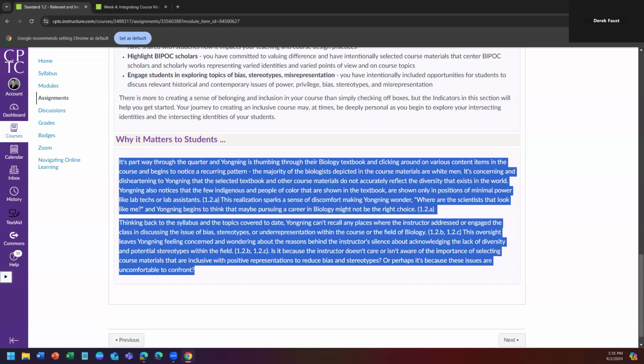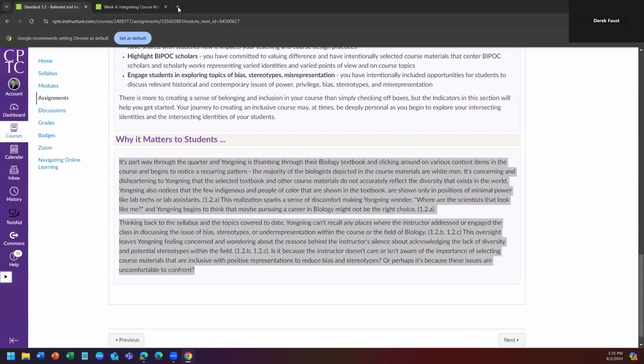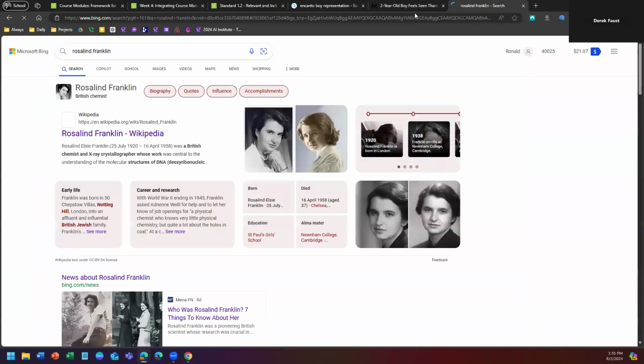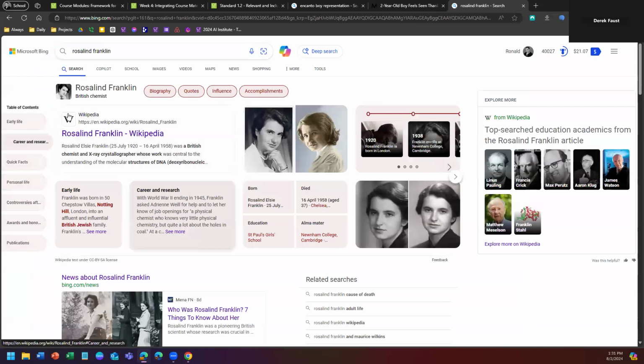I saw, I think on a documentary, or I read somewhere, that Rosalind Franklin basically did the science that allowed them to come up with their structure of DNA, but most people do not remember her, myself included. I could not recall her name.